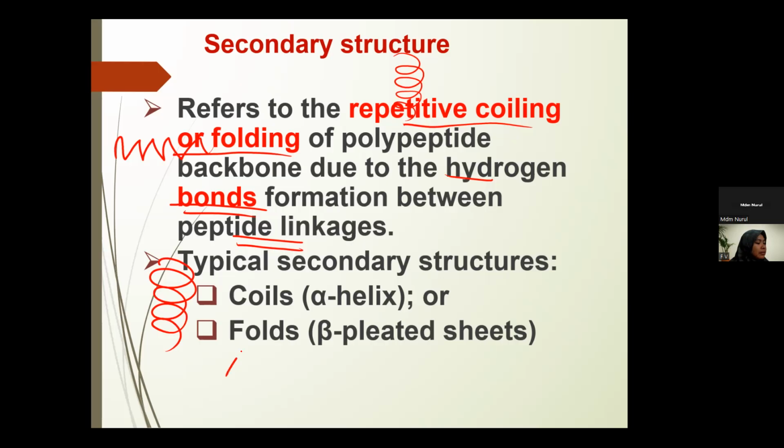Folded. Okay. Folded into beta pleated sheet. Madam, kalau saya tak hafal beta pleated sheet, hafal yang fold tu. Okay. Madam, kalau saya boleh hafal dua-dua, so awak jadikan dia folded into beta pleated sheet.